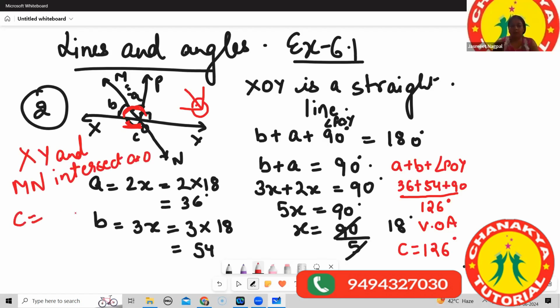But you will take C is equal to A plus POY, na?